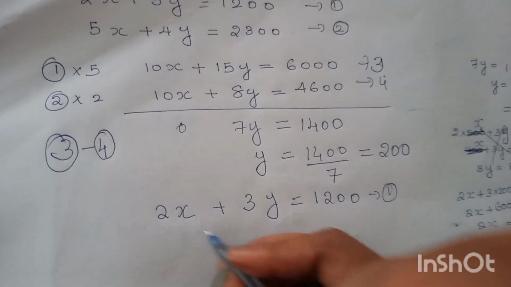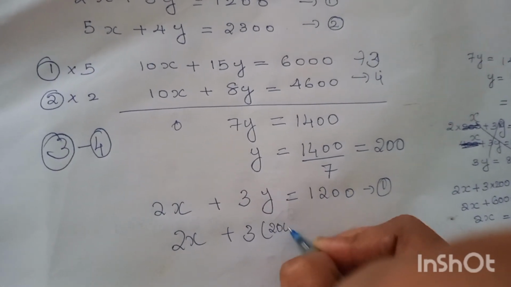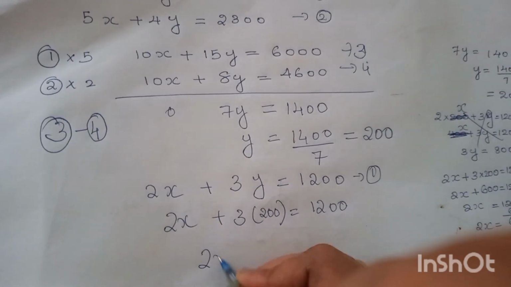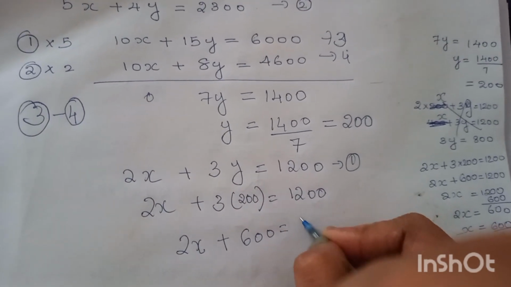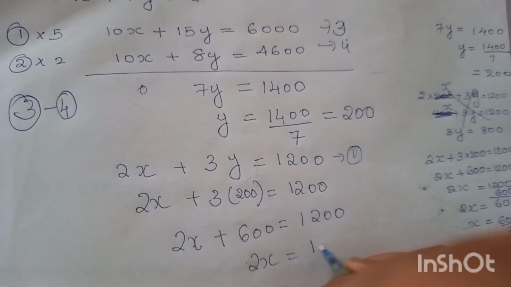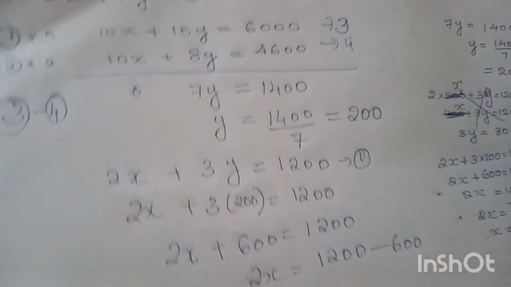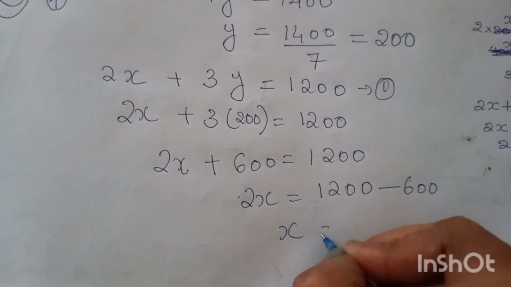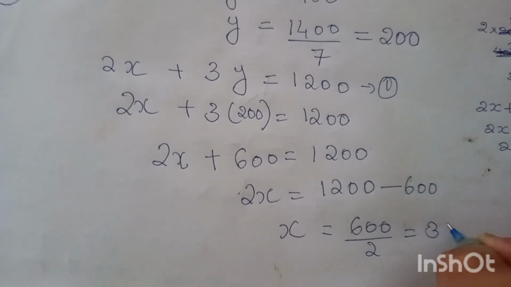So 2X plus 3 into 200, which we already got, is equal to 1200. So 2X plus 600 is equal to 1200. 2X is equal to 1200 minus 600, so X is equal to 600 divided by 2, which is equal to 300.